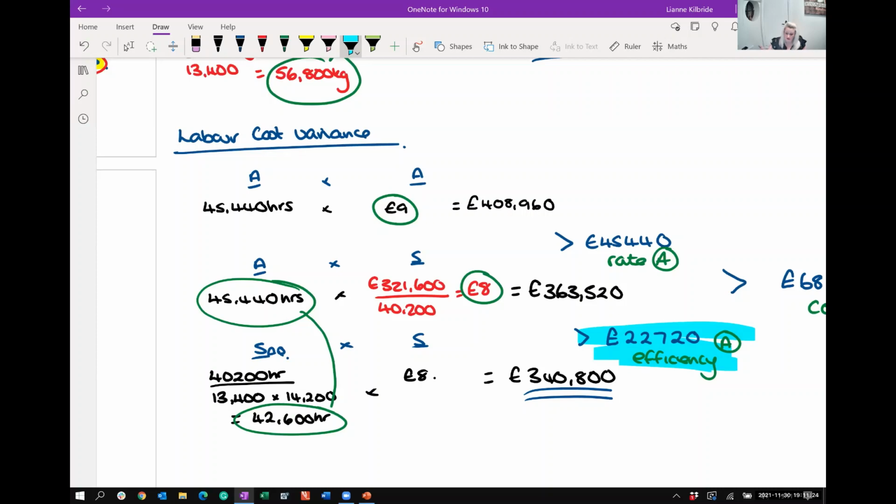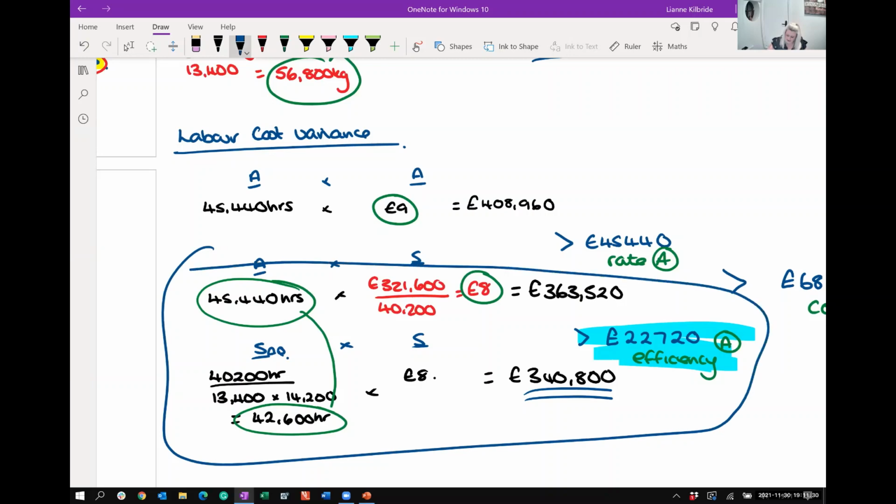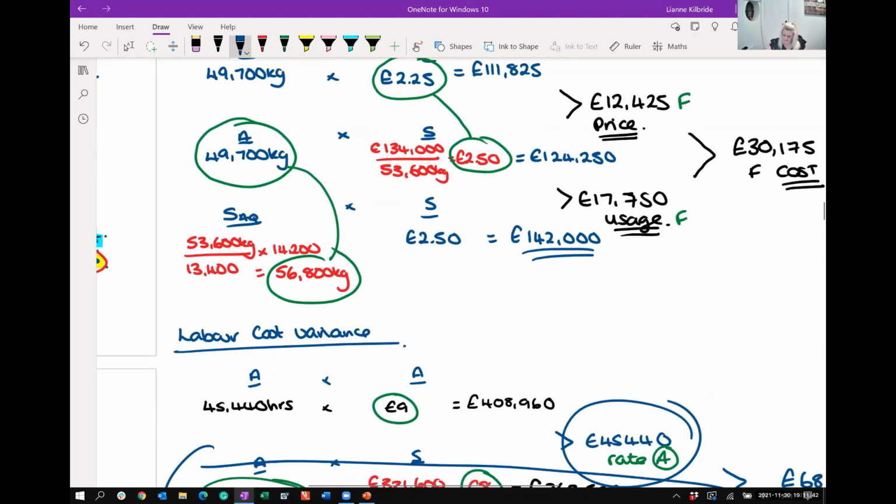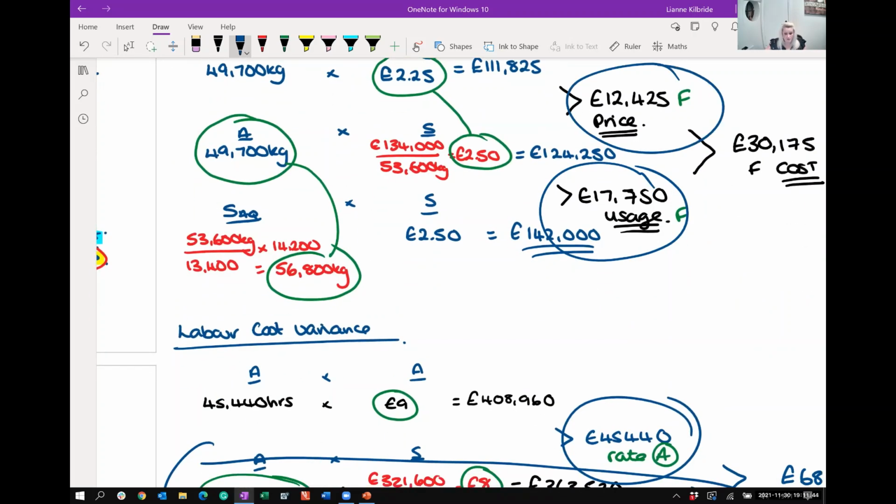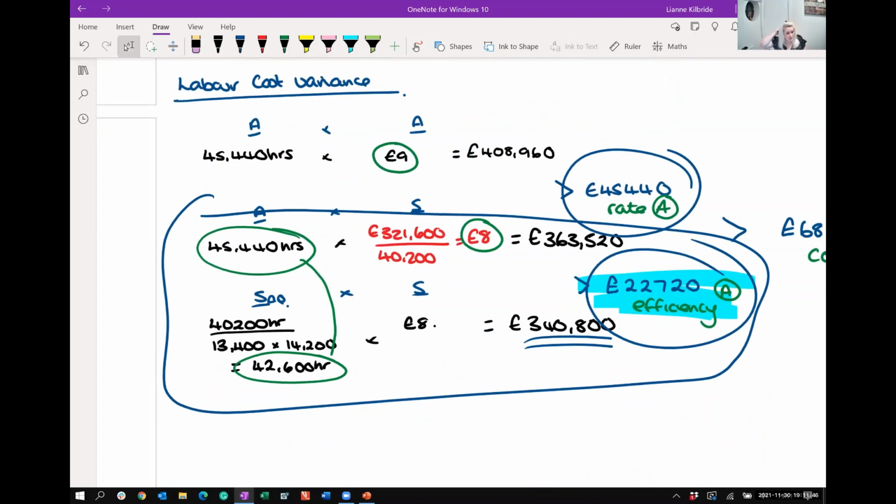If you know the efficiency is the bottom half, just do this section of the variance if you wanted to. But the reason why I did it in full is just so everybody had an understanding of how the question got to each of the variances. So if you've got really good knowledge of how to do it, feel free just to use that bottom line to work out what it was.